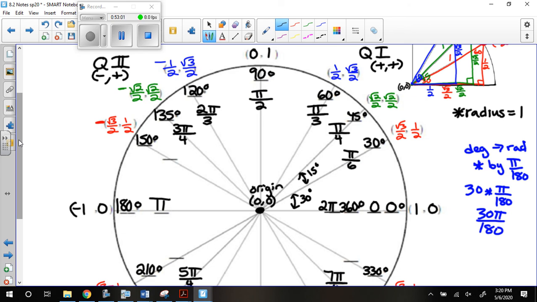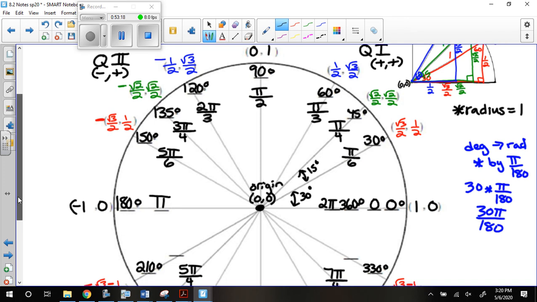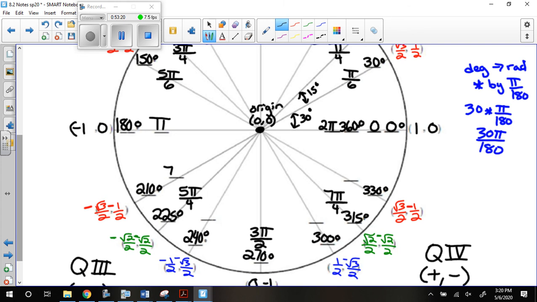Then 30 degrees later, which would be at 150, that would be 5 pi over 6, which doesn't reduce, so 5 pi over 6. Then at 180, that'd be 6 pi over 6, or 1 pi. Then 7 pi over 6. Then 8 pi over 6, but 8 over 6 reduces to 4 pi over 3.